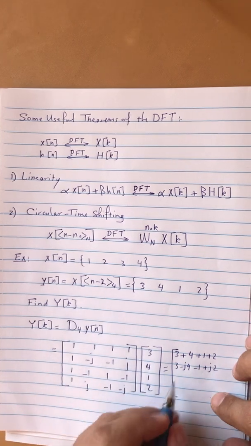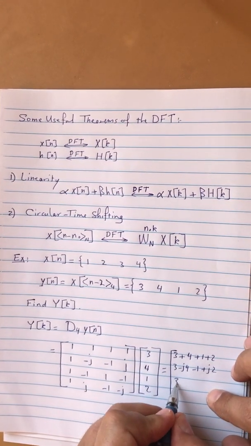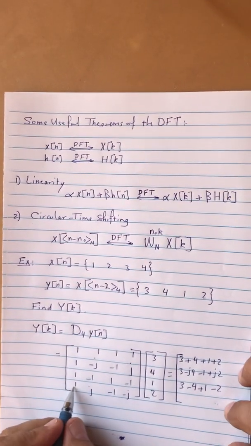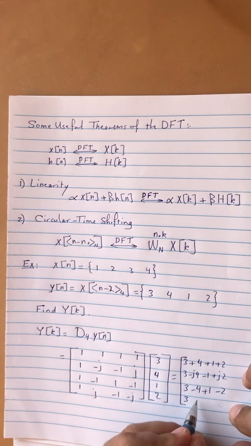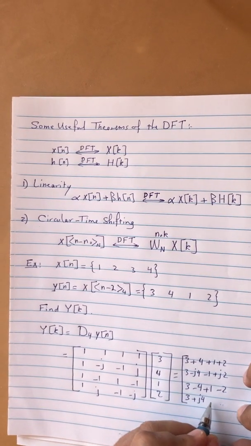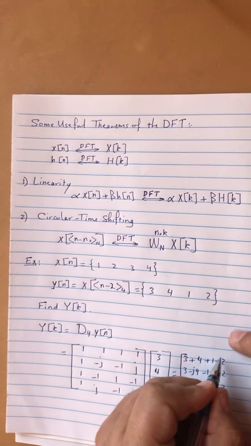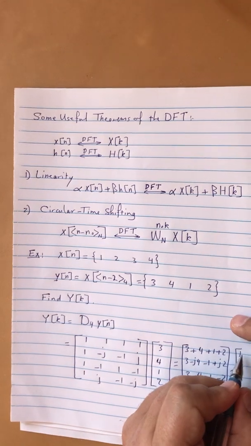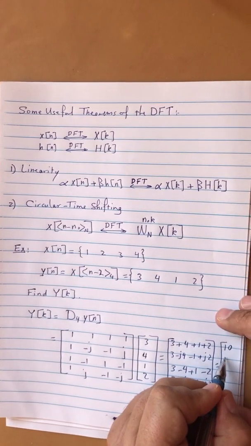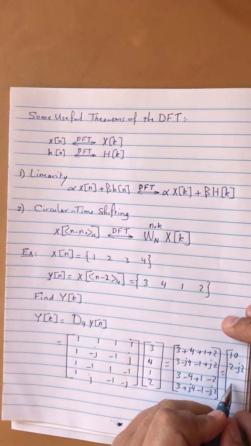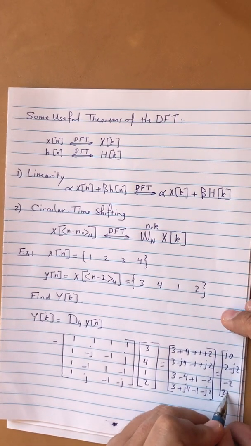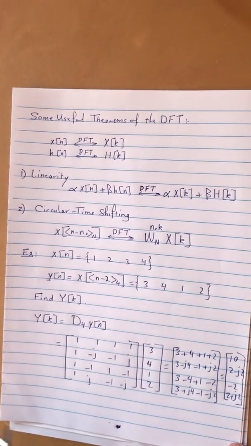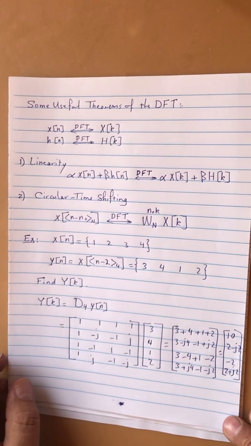The third row times the column is equal to 3 minus 4 plus 1 minus 2. And the last row is 3 plus j4 minus 1 minus j2. The end result is the vector 10, 2 minus j2, minus 2, 2 plus j2. So this is the final answer of the circular time shifting.